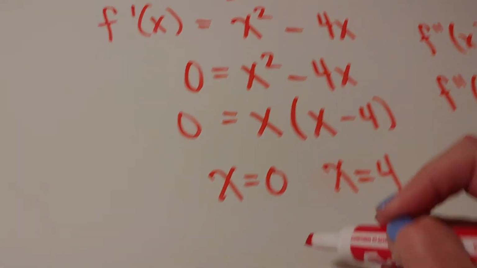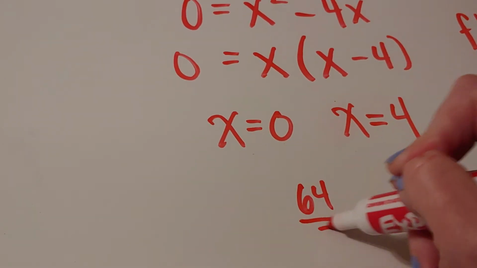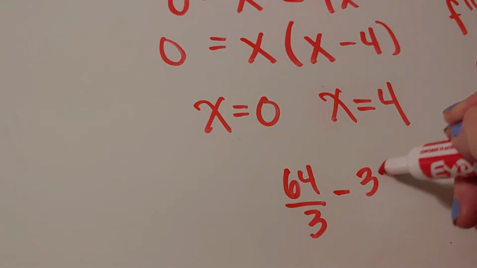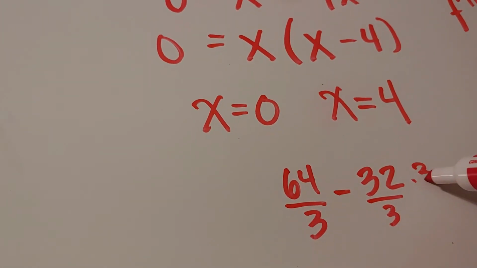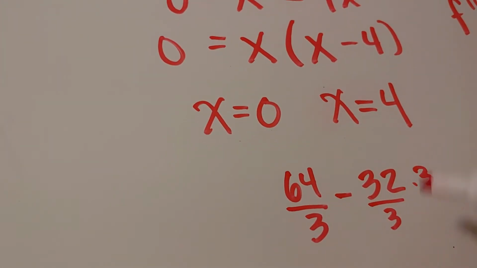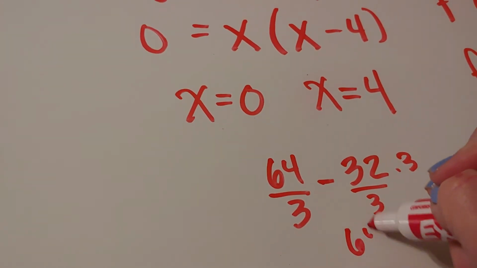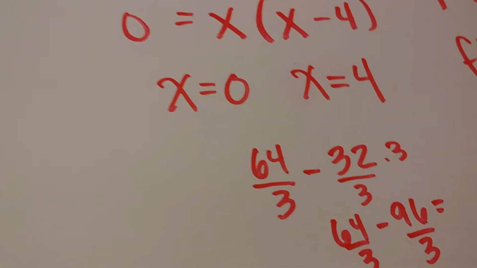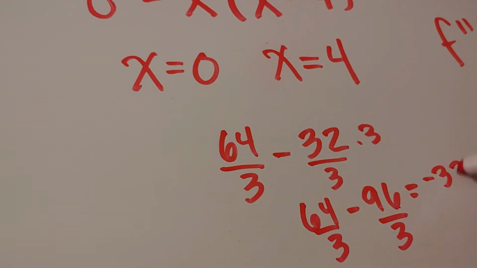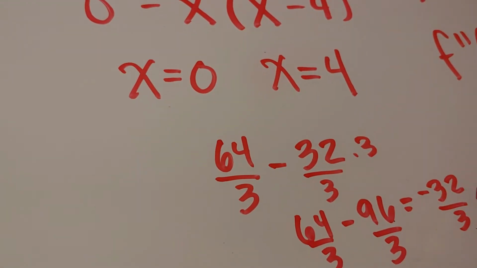Oh, man. 64 thirds minus 32. If I make a common denominator, I think that's going to be 96. So 64 thirds minus 96 thirds. I think I'm going to get the lovely negative 32 thirds. Man, is that gorgeous.